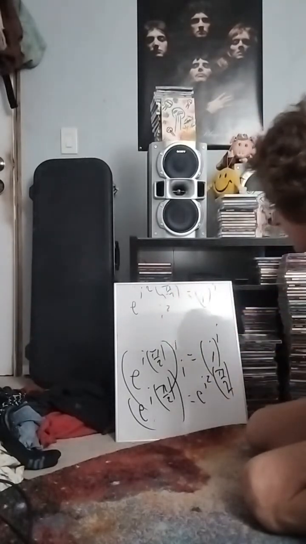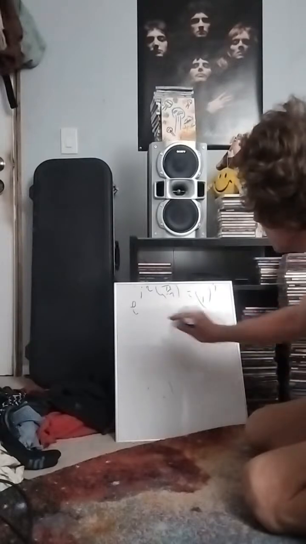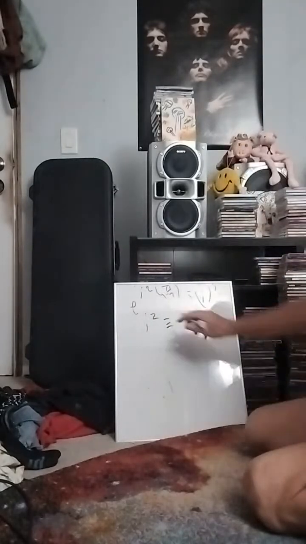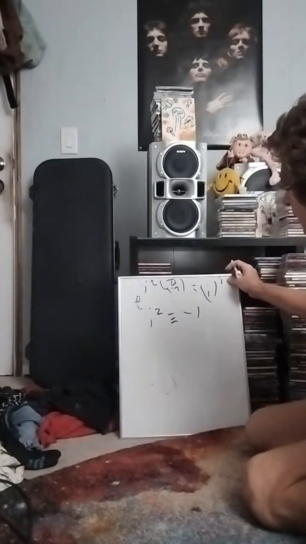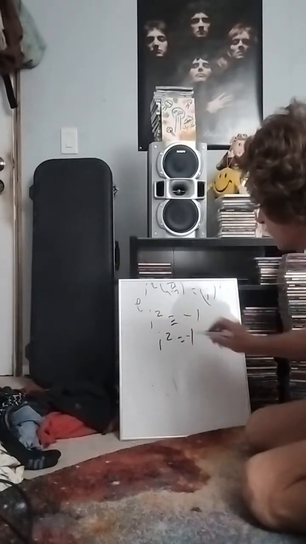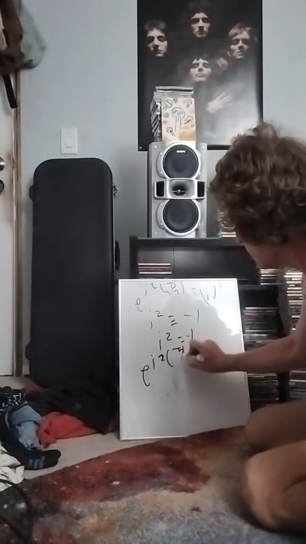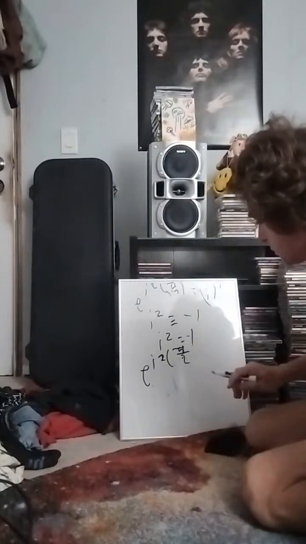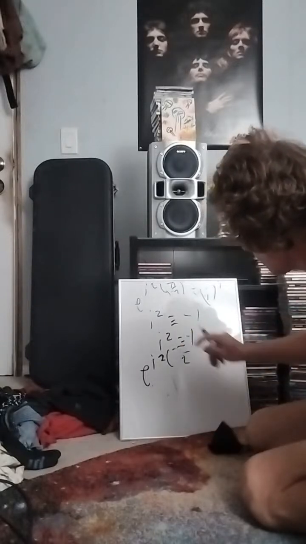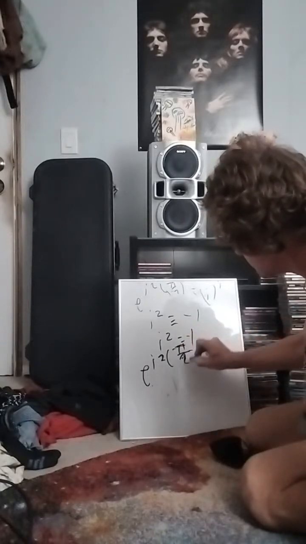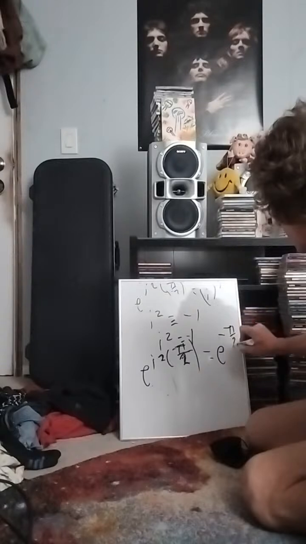But i squared is defined as negative 1. Or you can just write it the regular way: i squared equals negative 1. So e to the i squared pi over 2 equals e to the minus pi over 2.